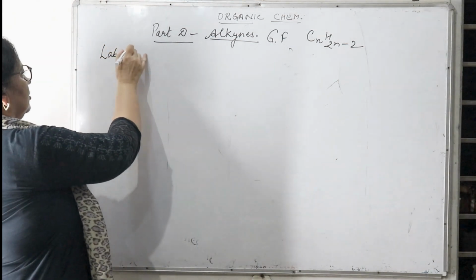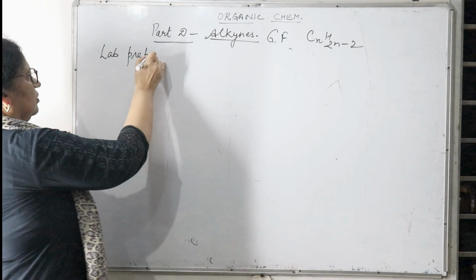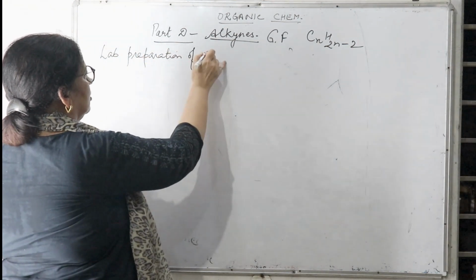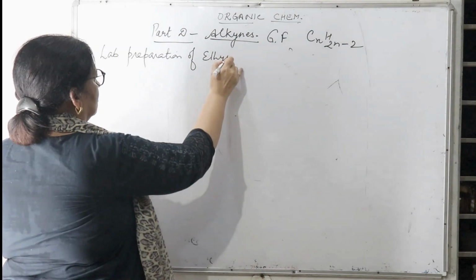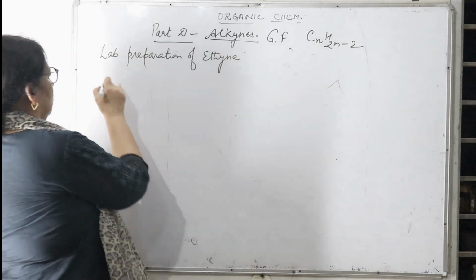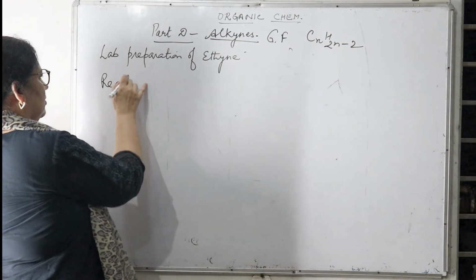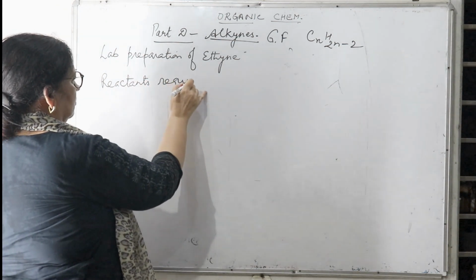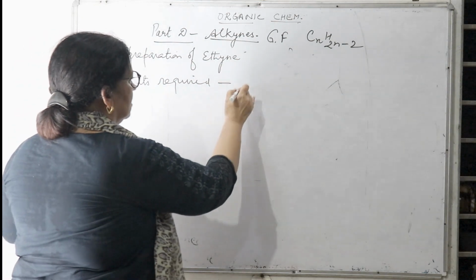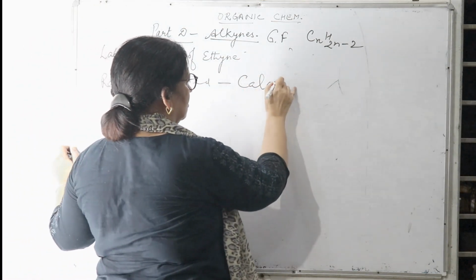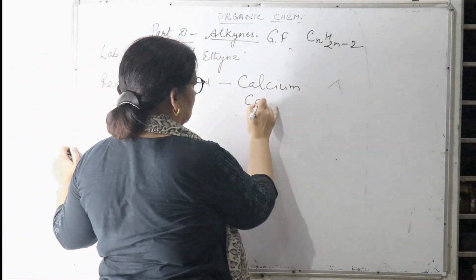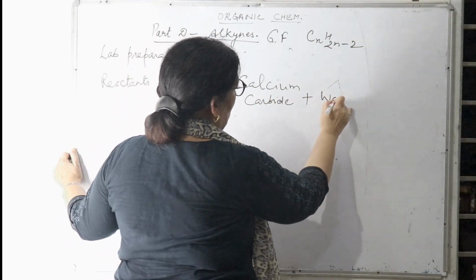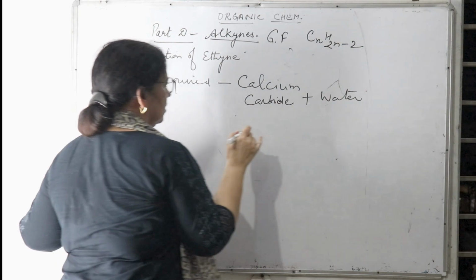Let us do the lab preparation of ethyne. What are the reactants required? That is calcium carbide plus water. Now what is the reaction?